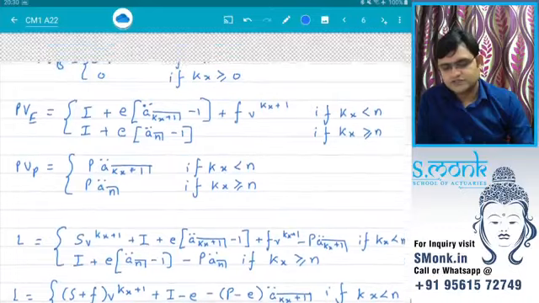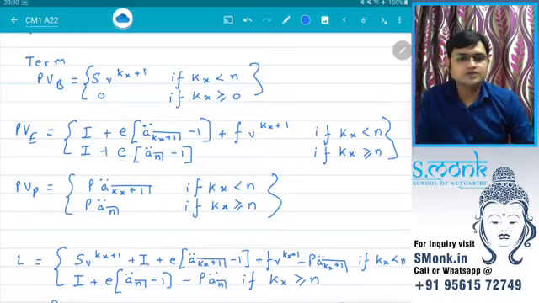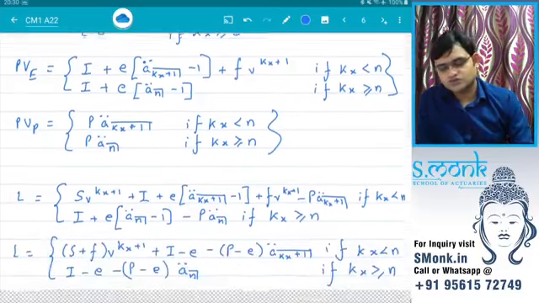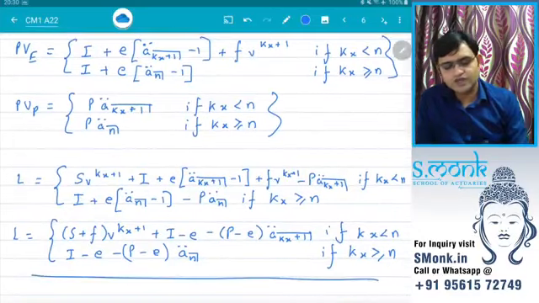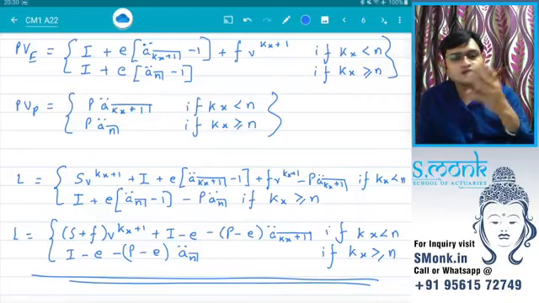You will see each one of these just came step by step from those particular chapters. So do study that. This is very important. We get direct questions that ask to make a future loss random variable for so and so policy.